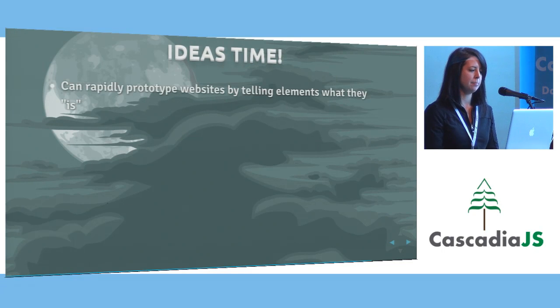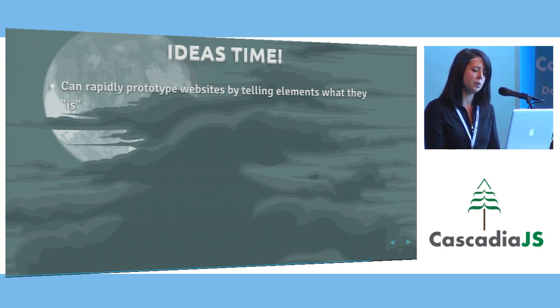So, ideas time. I think this stuff is really cool because we can get designers to do a bunch of templates and hand them off to UX people and say, hey, let's rapidly prototype some websites by telling these elements what they are. Maybe you write a news component one or two ways, and that's what you use for prototyping.